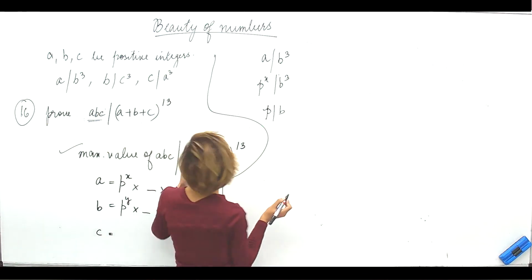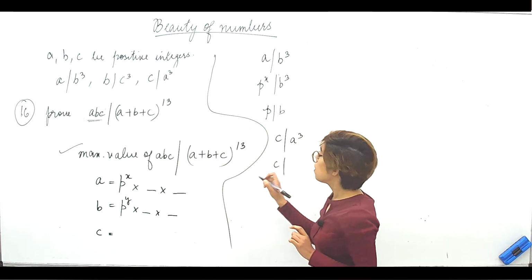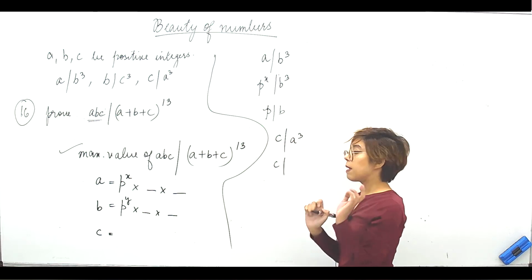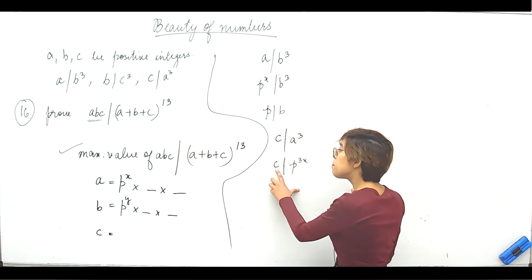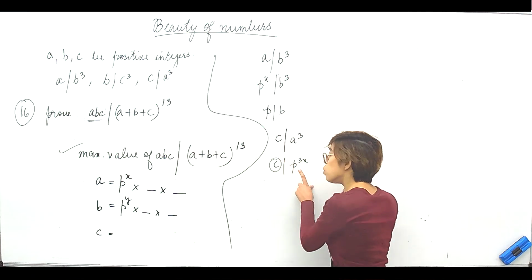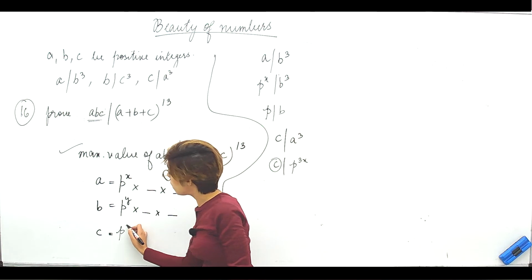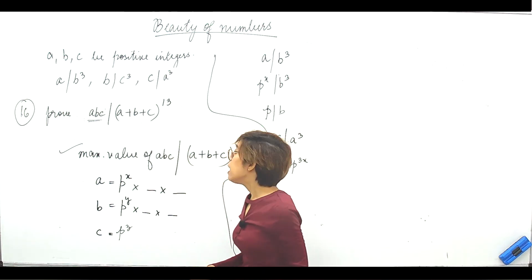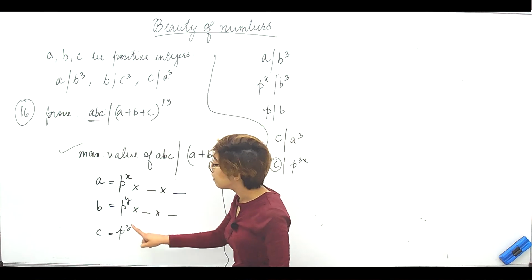Of course it will be, because I know that C divides A cube. So C divides, and we are just talking about the prime factor P, so P raised to 3X. So that means in the prime factorization of C, I should have P. So let that be P raised to Z. Then you can consider the second prime factor. It will be present over here as well.